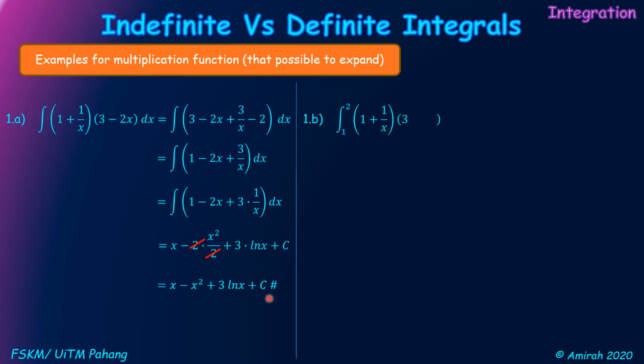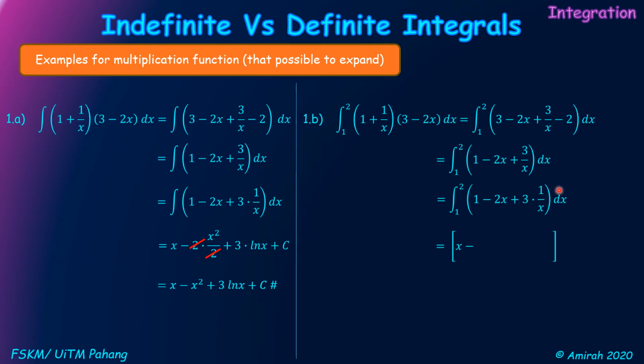The answer is in terms of x, since we have dx here, and we must put plus c at the back. Alright, let's say we have the same example, but with lower limit 1 and upper limit 2. Same function, so using the same technique we get this, and then this, and then this. After we integrate, there is no need to put plus c at the back, but we put a square bracket with the lower and upper limit.